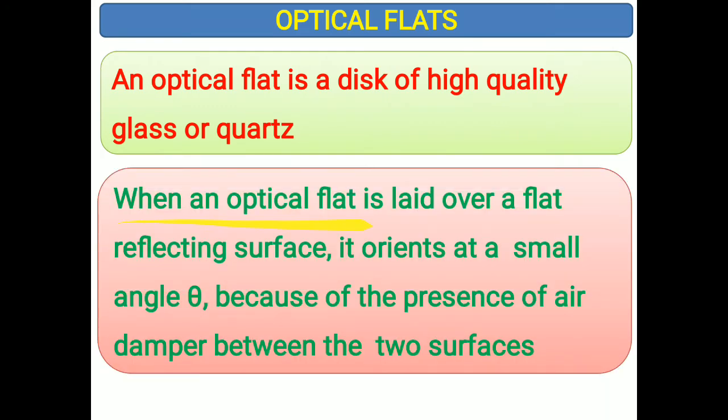When an optical flat is laid over a flat reflecting surface, it orients at a small angle theta because of the presence of an air wedge between the two surfaces. Because of the air between the two, there will be some angle between the inspection surface and the optical flat surface.